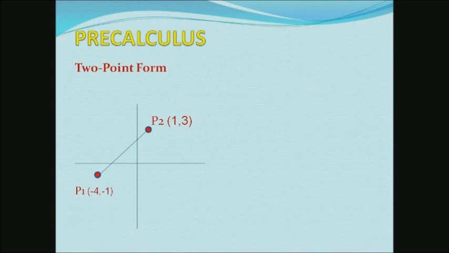And for point 2, the coordinates are 1 and 3. So again, these are points along the straight line, not necessarily the intercepts wherein our straight line intersects with the x and y axis. Hindi ganon. Basta meron lang 2 points along the straight line, point 1 and point 2.